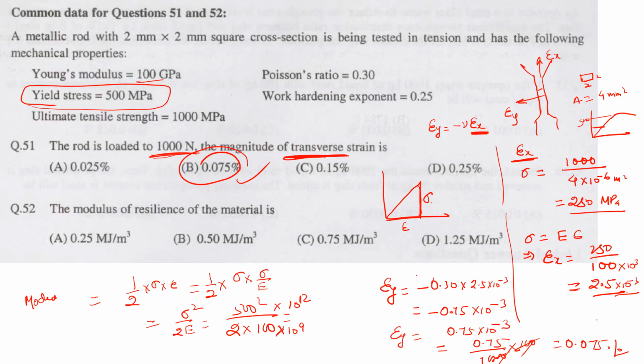So it will be like 1250, 1250 into 10 power 3. So we can write it as 1.25 into 10 power 6 joule per meter cube, nothing but 1.25 megajoule per meter cube.